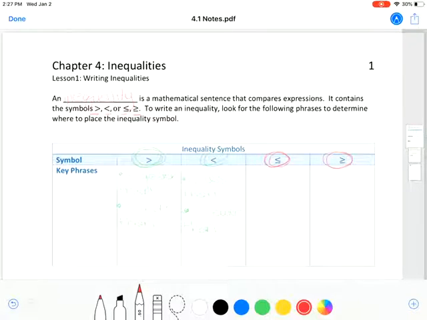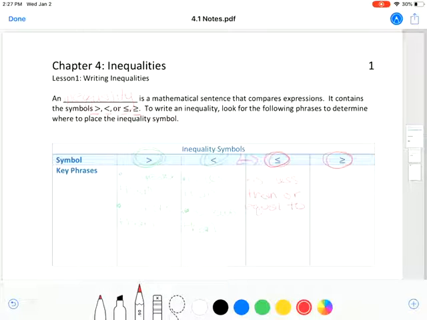So for instance, again, we're using the same sign that we just used right here. So again, it is less than, but this time we're adding in or equal to. So is less than or equal to.